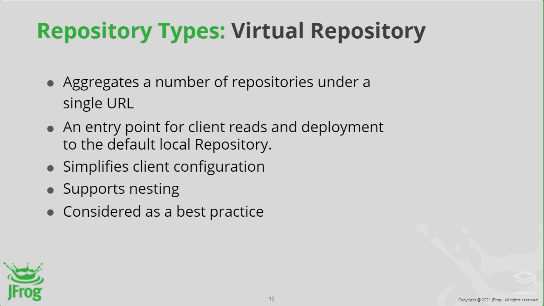So, for example, we could have multiple local repositories within the virtual repository, and let's say one remote repository, and only use one URL so that when we deploy an artifact, it will automatically go to the local repository, to the default deployment repository, which will be of type local.